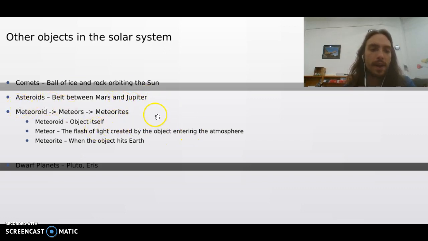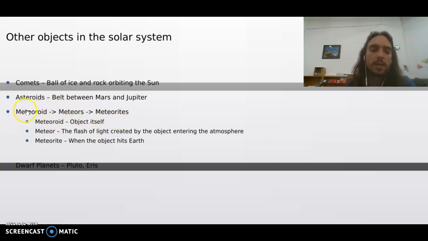And then here we have three different distinguishing factors for meteoroids that is very important to know. So when we've got the meteoroid, it's just the object itself floating through space. It's just like a big ball of rock and metal, most likely, to be able to survive all the different weathering factors in space. So we've got a meteoroid, and that's just the object.